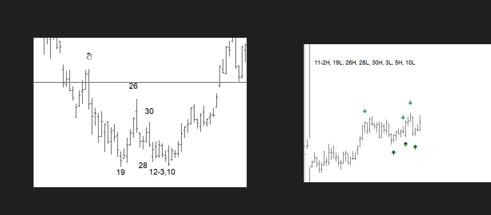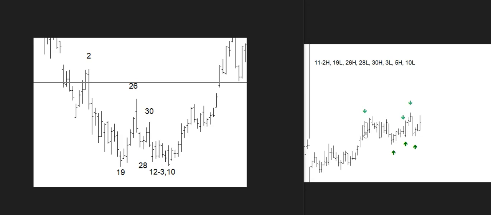So I've got dates of November 2nd, the 19th, the 26th, 28th, the 30th. Then I move into December and have the low here of December 3rd and December 10th. Those will give me the lows.